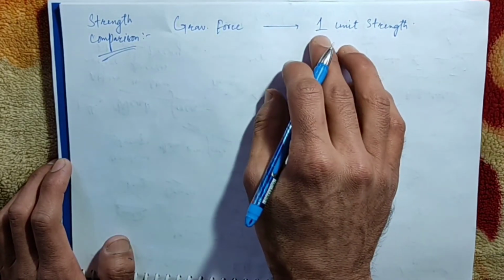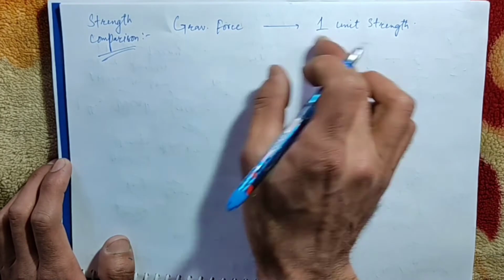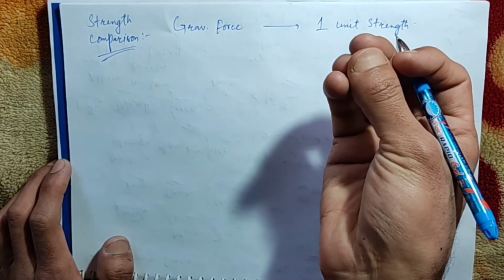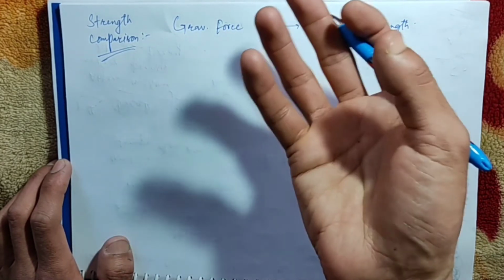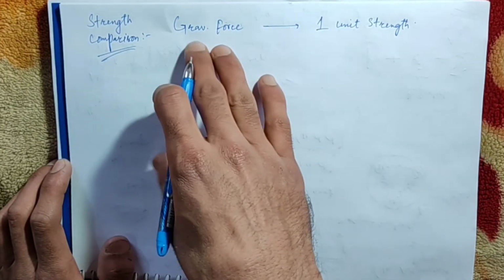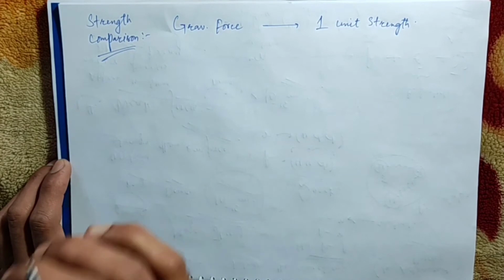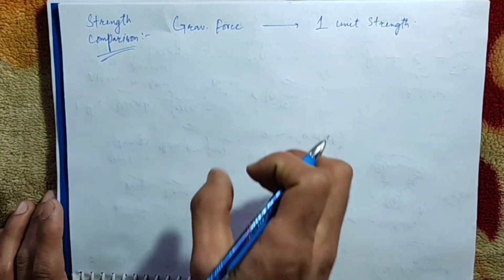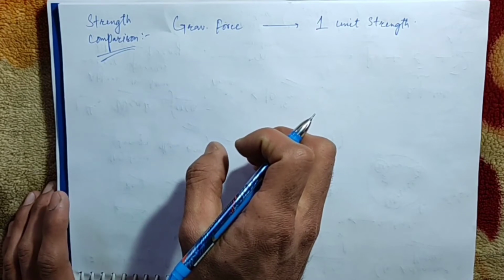After that, if we have gravitational force of unit strength, the second one which comes as stronger, because this gravitational force is the weakest among all the fundamental forces. This is the weakest force of all the forces, and it's mysterious.